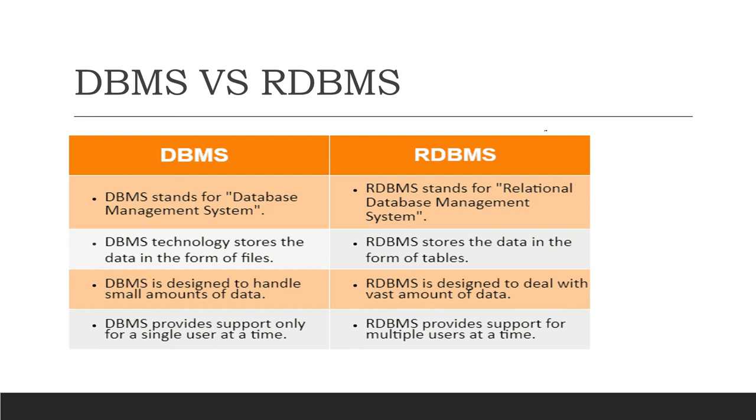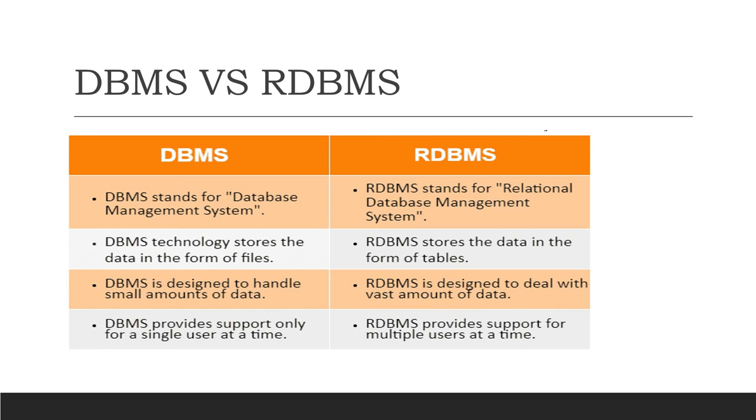So DBMS is a database management system, and RDBMS is a relational database management system. DBMS technology stores data in the form of files, while RDBMS stores data in the form of tables. DBMS is designed to handle a small amount of data, small data sets, but RDBMS deals with a large amount of data. Nowadays you hear about Hadoop and big data.